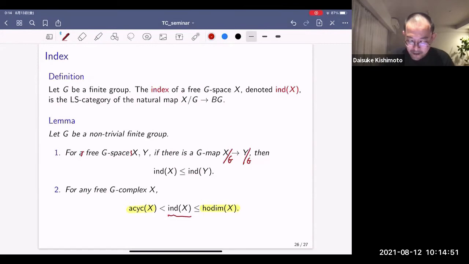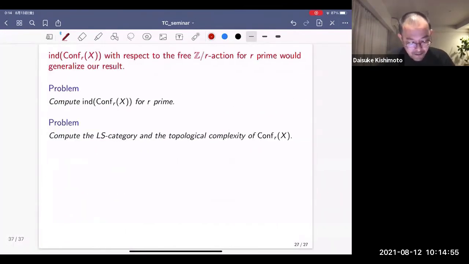Okay, so let me end my talk by posing two problems. As I told you, Conf_r X with respect to the free action for r prime would generalize our result. So there are two natural problems arising from this observation. The first one is this: compute the index of Conf_r X for r prime.